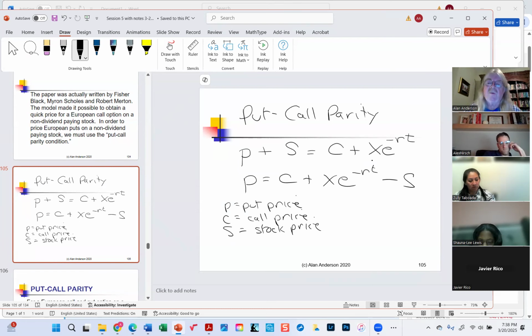Keep in mind, the assumptions we're making here is that the call and the put are both European style and they're identical to each other, except for the fact that one's a call and one is a put, meaning they're written on the same stock S, they have the same maturity date T, the same asset, and they have the same strike.